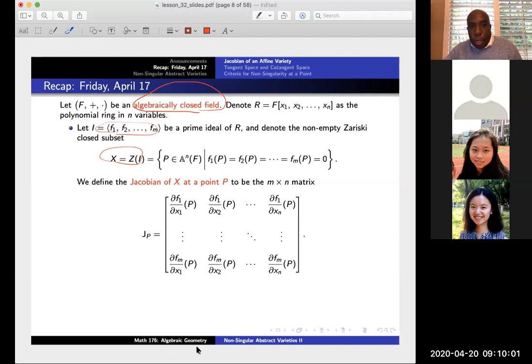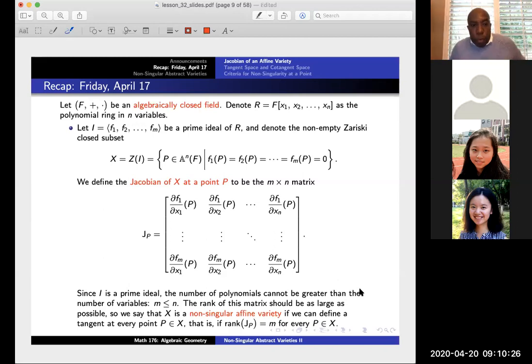And it's just going to be generated by these m polynomials, f1 through fm. So once we have this, then we can talk about the Jacobian as this m by n matrix, right? So this here will have m rows and n columns, just by looking at the partial derivatives of our polynomials.